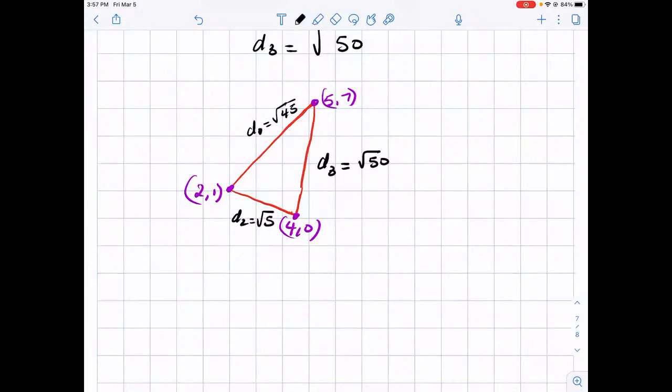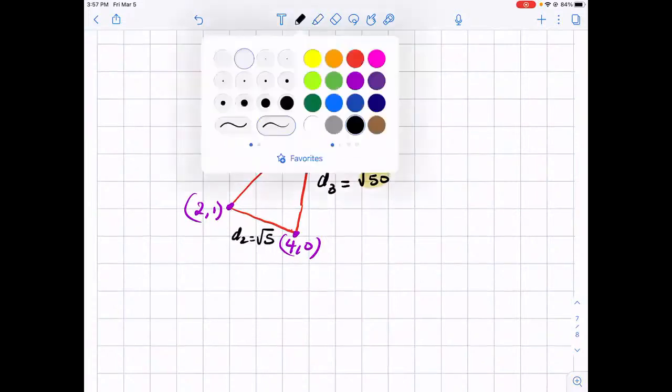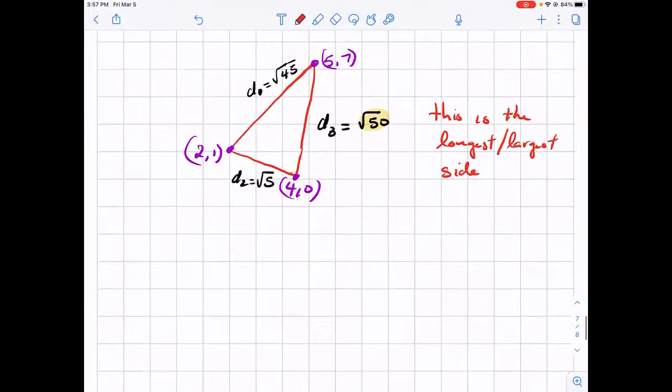So notice this here, this is the largest value. This is the longest slash largest side, because the square root of 50 is bigger than the square root of 45 or the square root of 5.